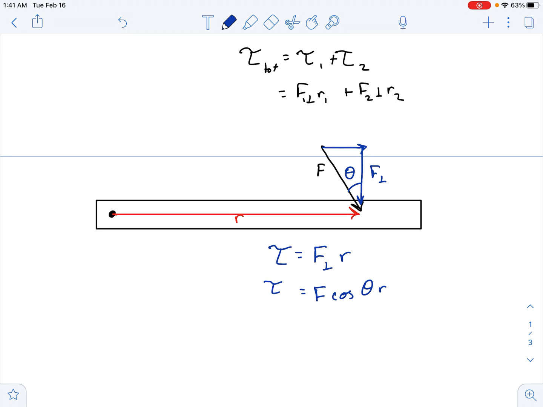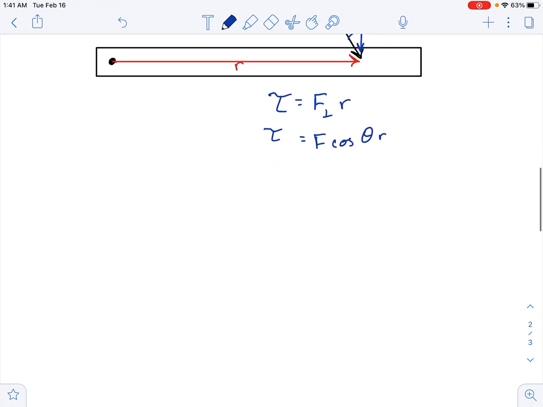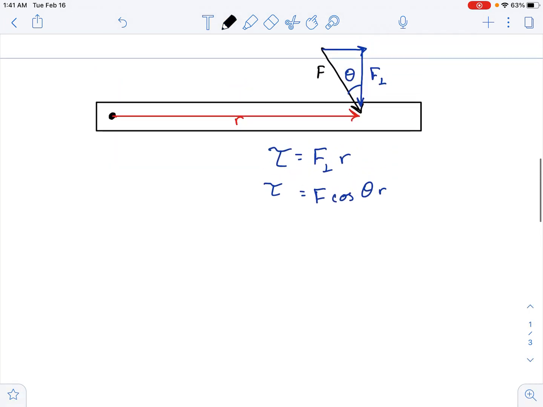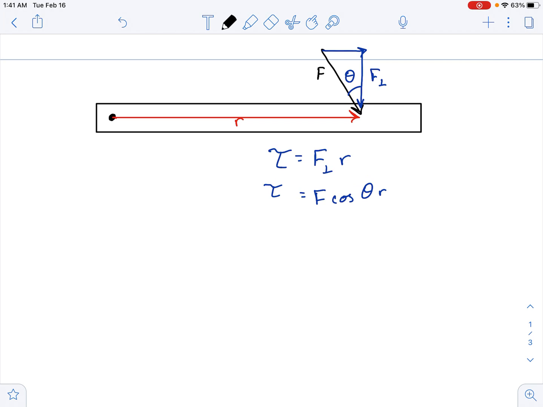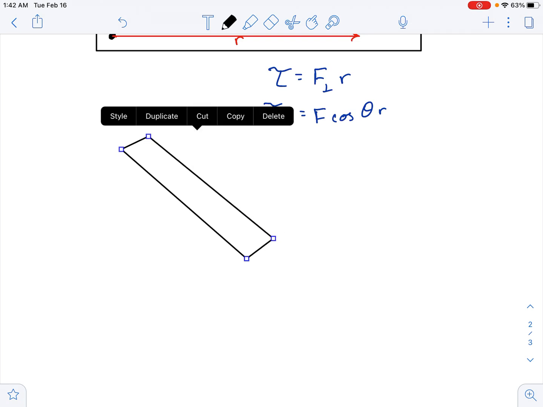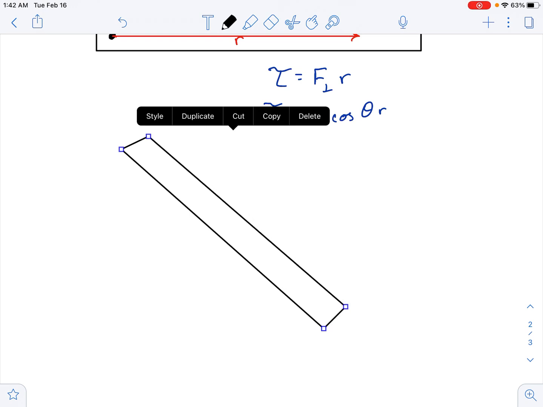Now, there's another way to go about this too, and you'll find that it works out to be the same, but it doesn't have to be the parallel component of the force. It could also be the parallel component of the radius. Let's say, for example, I've got a beam that looks kind of like this, right?